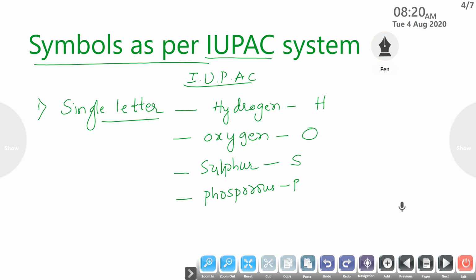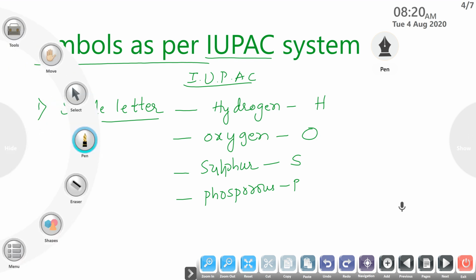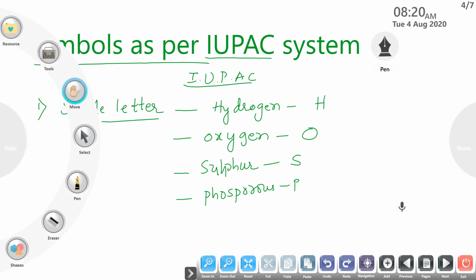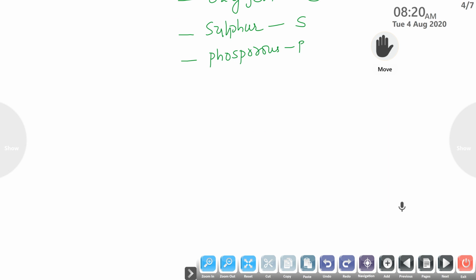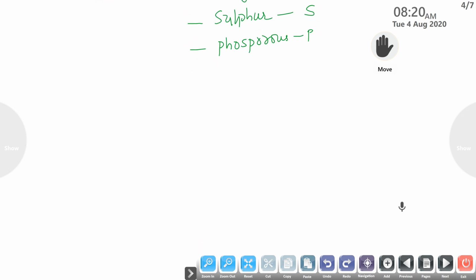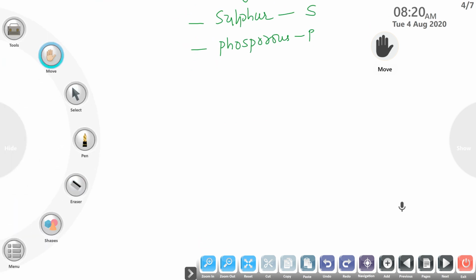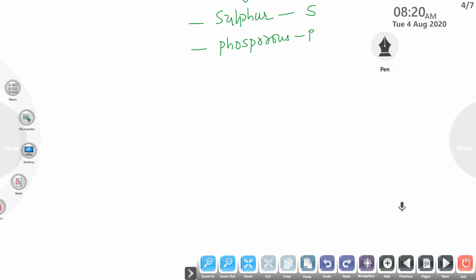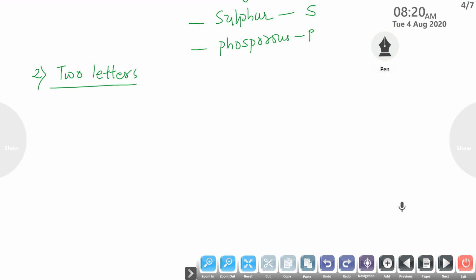Now I will move towards the second thing, that is double letter. The second method, or second way, is by using 2 letters. By using 2 letters, we can name the element.